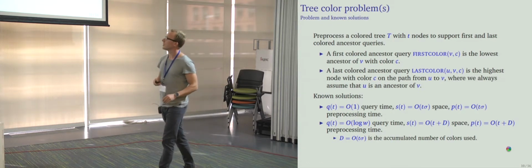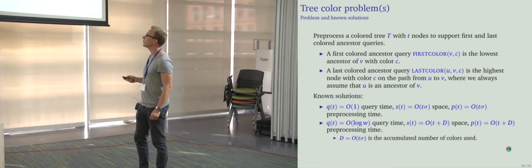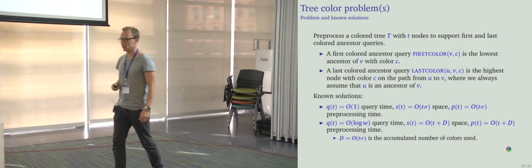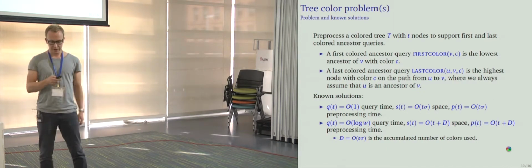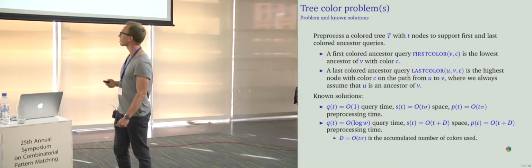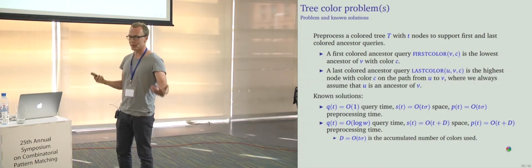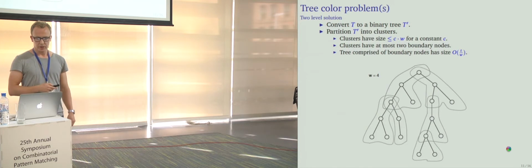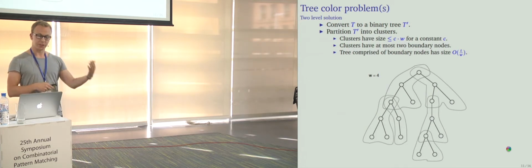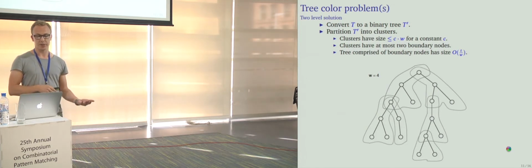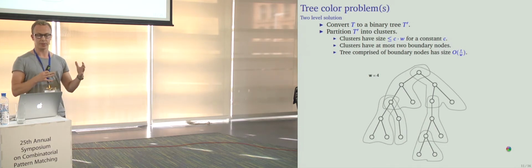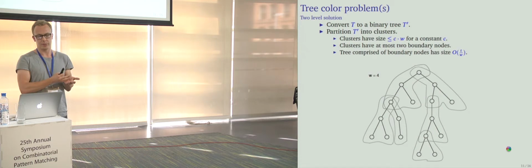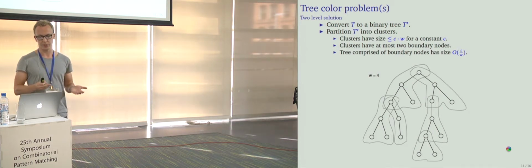The only problem is that in our case, this easily becomes T times sigma. So this was not useful in our case, which is why we moved on to coming up with a new solution. Okay, so our solution is a two-level solution, and that means that we convert the tree into a binary tree, and then we partition it into clusters.